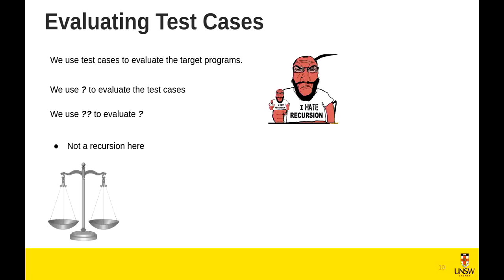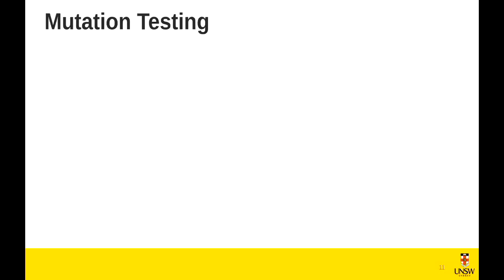The thing is, test cases and target programs should be treated equally somehow. We can use test cases to evaluate target programs, so we can also use target programs to evaluate test cases. So we can create some target programs to evaluate the test cases here. And this comes to mutation testing.